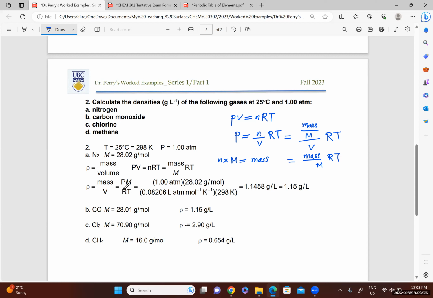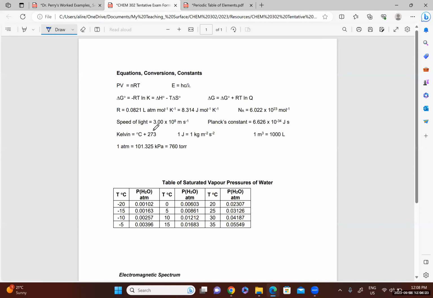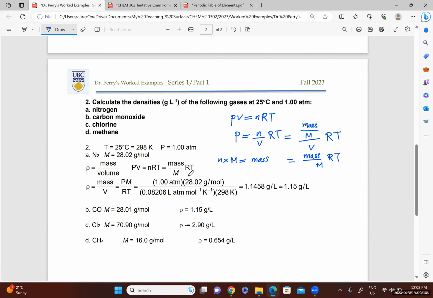We have this R, the gas constant, which has 2 different values that are given in the equation sheet. Which one to use? Liter atmosphere. So we need the liters, and atmosphere already is given. So pressure is in atmospheres. So it's better to use this value, because at the very end, we want the volume to be in liters, and the pressure is already in atmospheres.